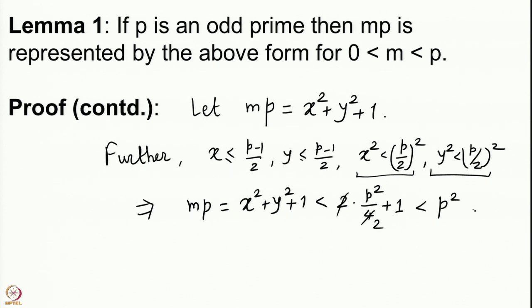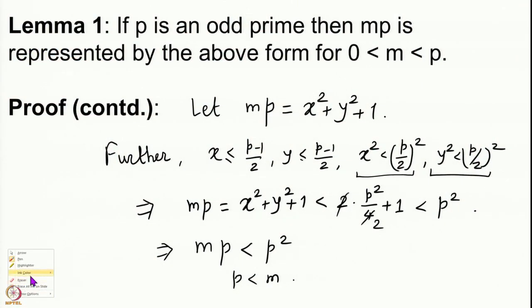So, that would tell you that mp is less than p square, and hence m has to be less than p. Since mp is the sum x square plus y square plus 1, mp has to be a number which is bigger than 0. mp cannot be equal to 0.